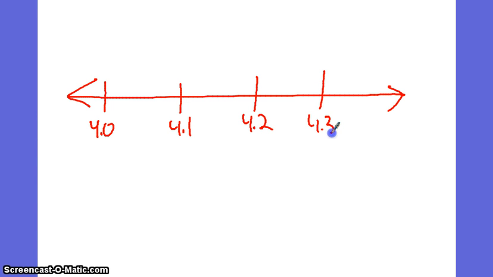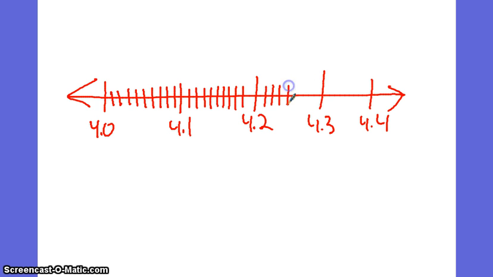Now, if I were to draw you a number line all the way out to here, and I started at 4.0, 4.1, 4.2, 4.3, and 4.4, and in between each one, 10 on each one.